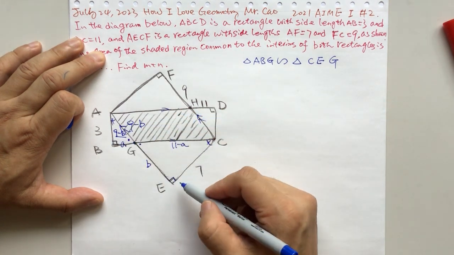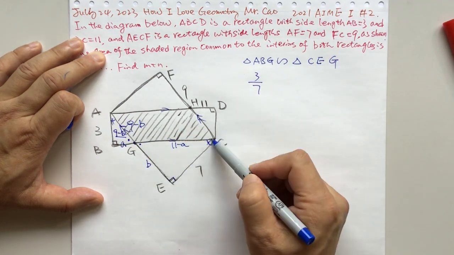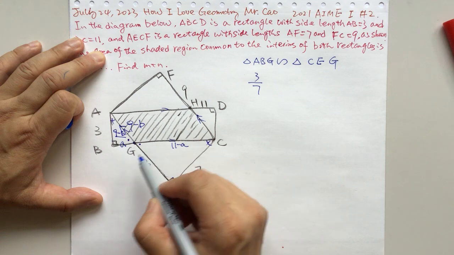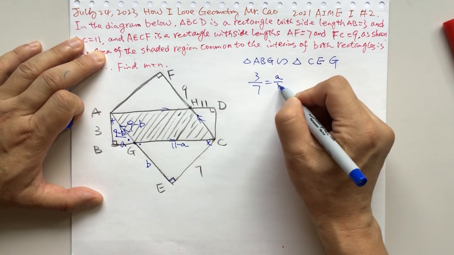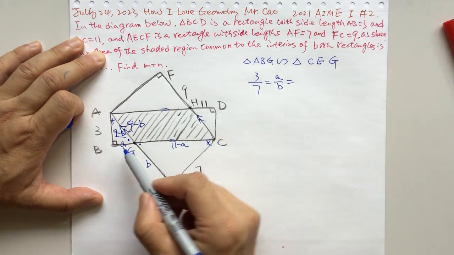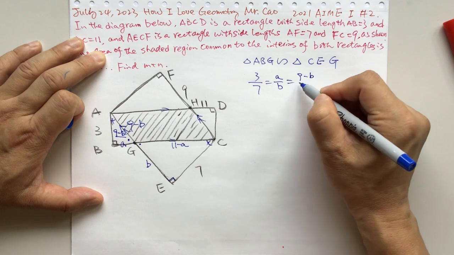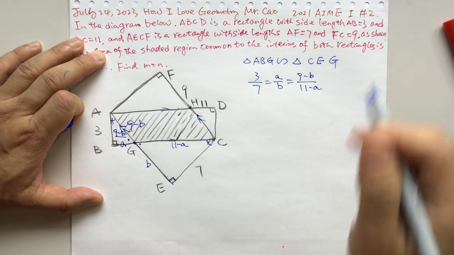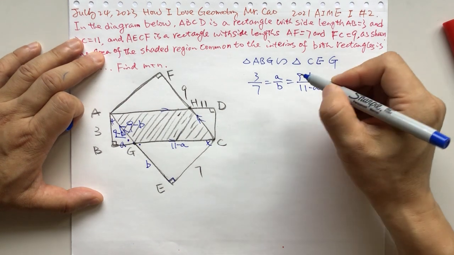Then we got the corresponding parts: 3 over 7 equals A over B, and also 9 minus B over 11 minus A. Then we can get two equations.